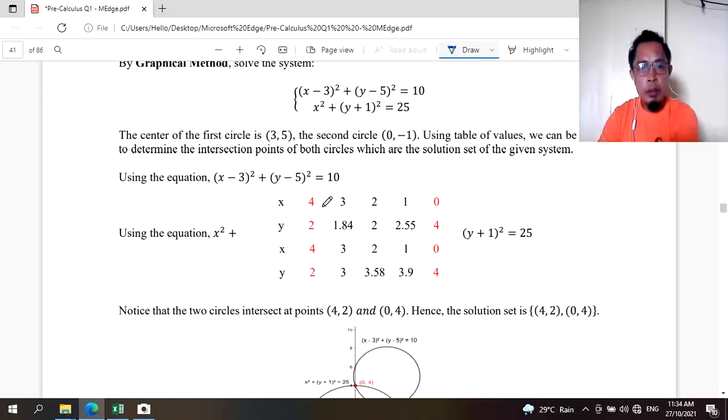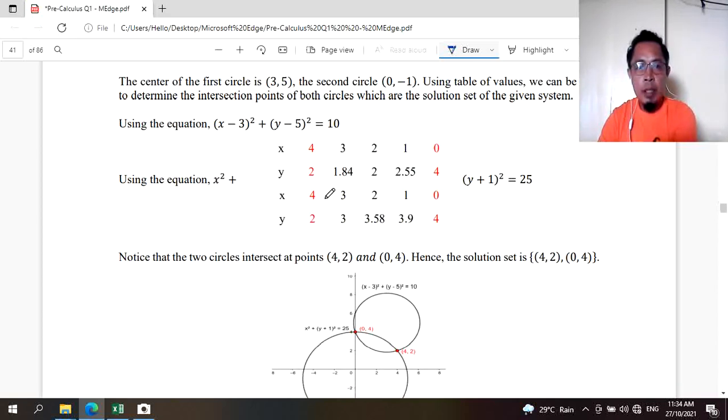So we provided values for x and we solved for y. When your x is 4, then your y is 2. When your x is 3, then we have 1.84, and so on and so forth, until such time you would notice that there are values here which are the same.